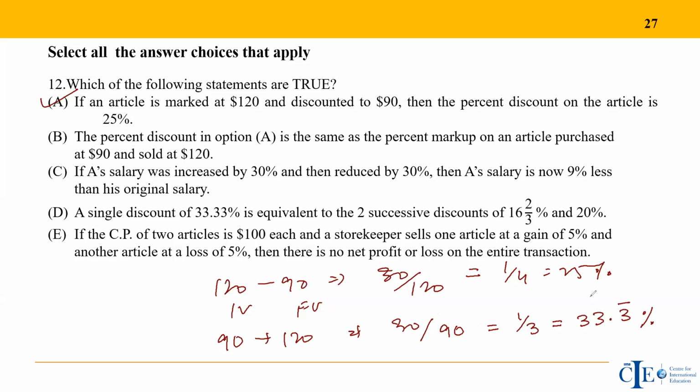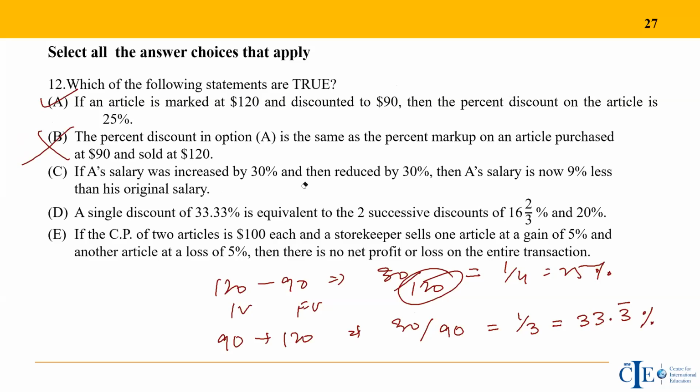Not the same as 25%, because the difference here is the same, but the base would change. When you mark down or give a discount, it was on the base of 120, and when you do the markup, it will be on the base of 90. Since bases are different, the respective percentages will also be different. B is wrong.